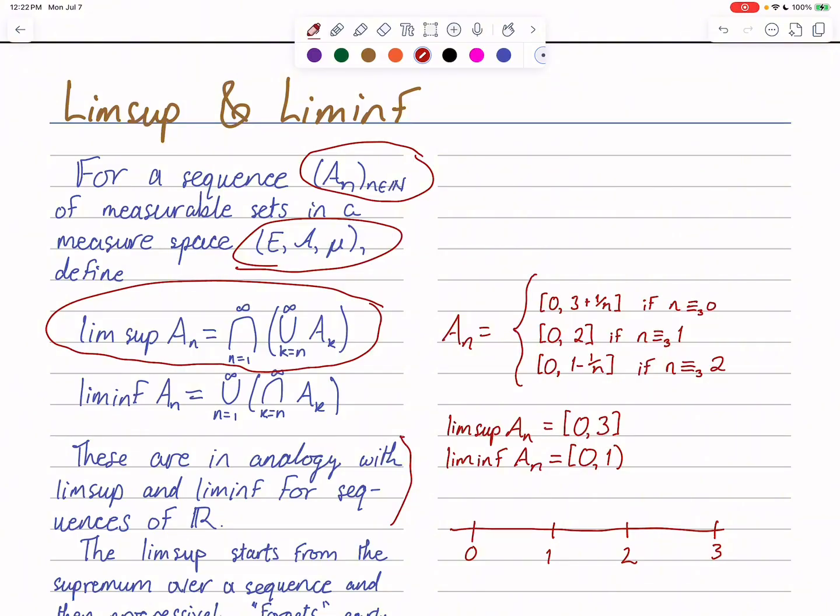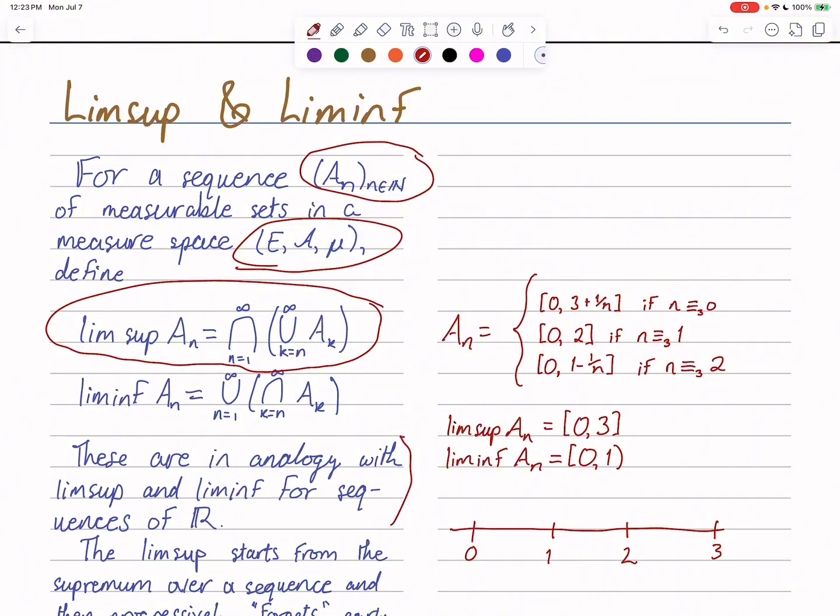Then you basically throw away the first term of the sequence and take the sup over what remains. And then throw the first two terms away and do it all over again, and so on, so that in effect you're building a sequence of sups where the sups just kind of forget early terms. And then you take the limit over that sequence of sups.